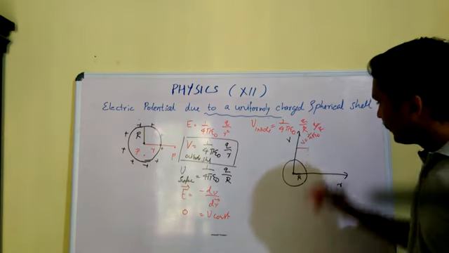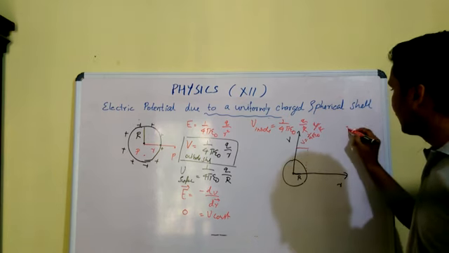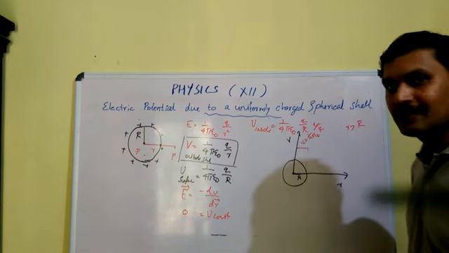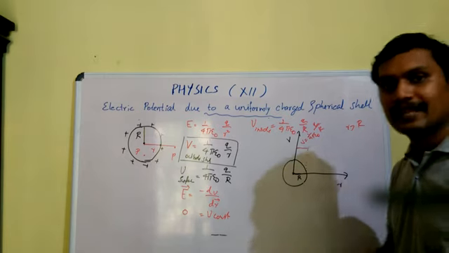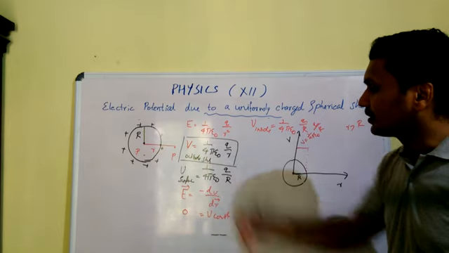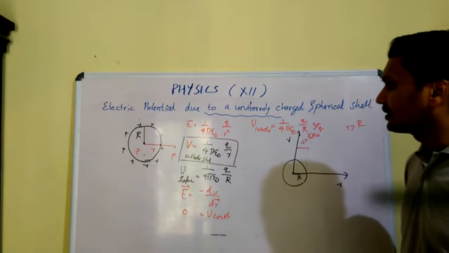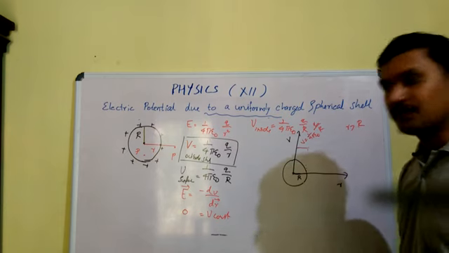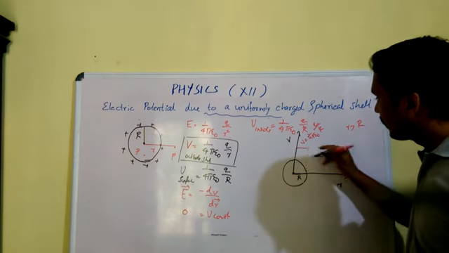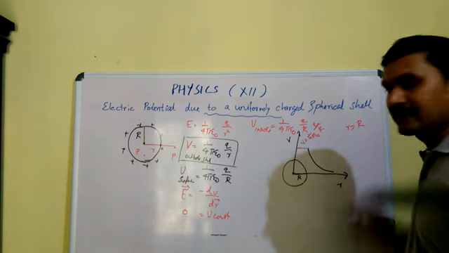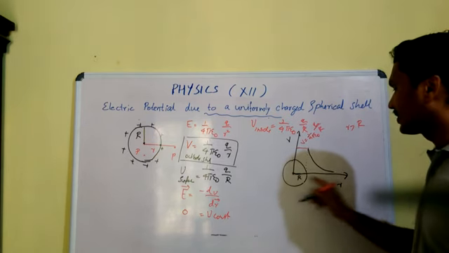When r is greater than capital R, the point comes outside the shell. For outside, V is equal to 1 by 4 pi epsilon 0 Q by r. It means with the increase of r, V decreases. This is how potential decreases for a spherical shell with distance from the center.